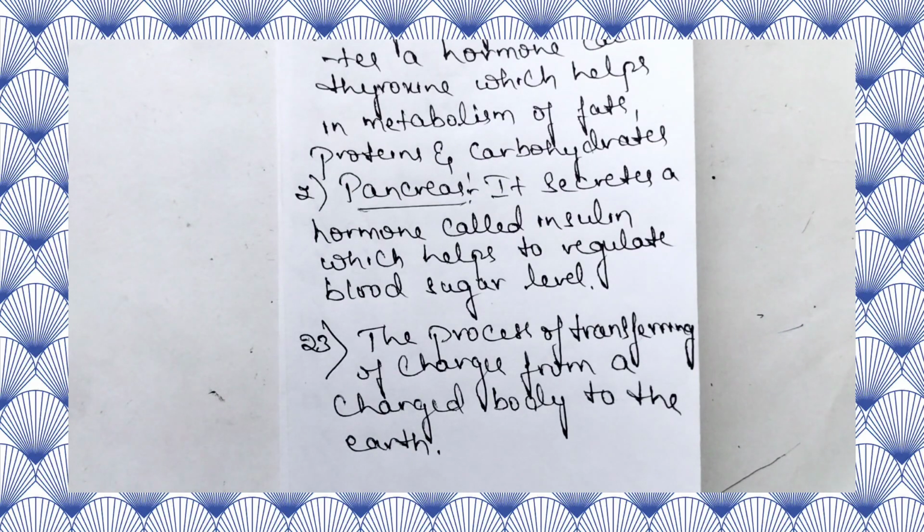Now let us answer one more question. Write different measures followed to get protection from lightning. So let us answer the different methods that we can follow to protect from lightning.